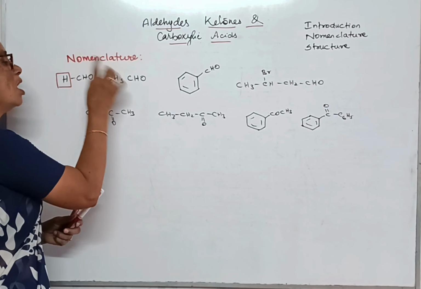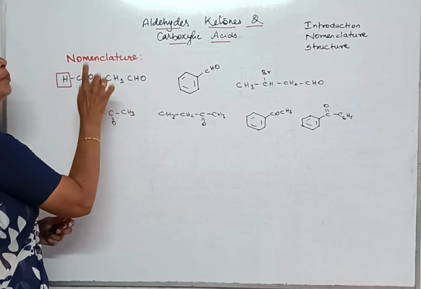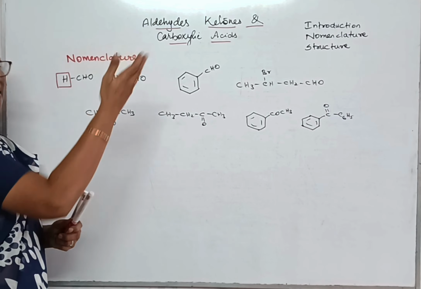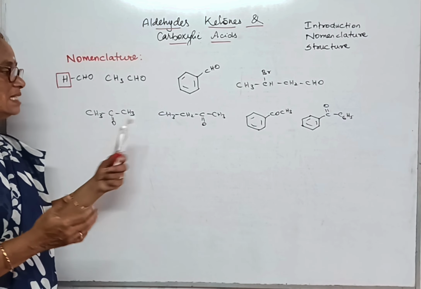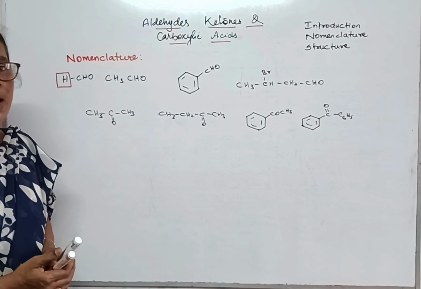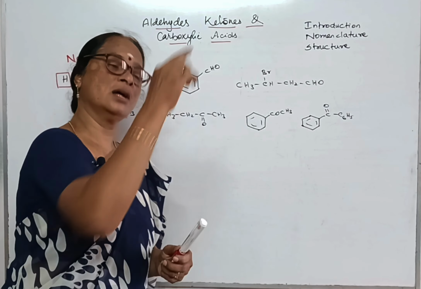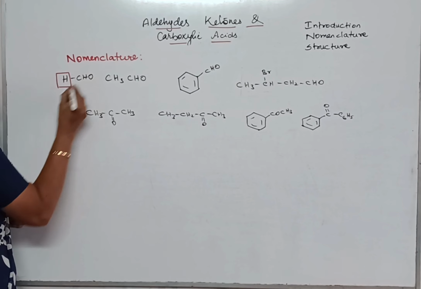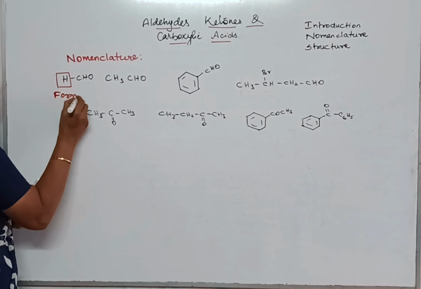Depending on the number of carbon atoms present along with the aldehydic structure, we can give their common names, and just now we discussed that these common names arrive from the source of the name. HCHO is formaldehyde.